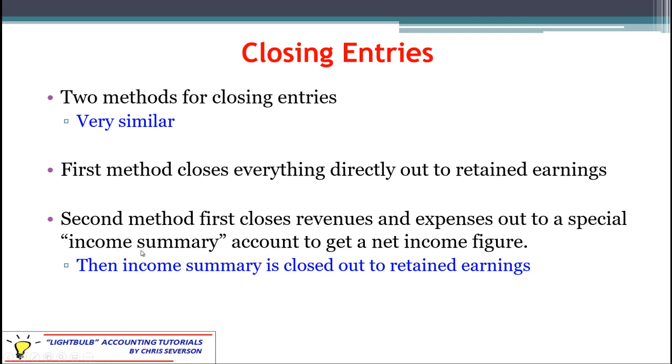The only reason to have this temporary income summary account is to get kind of a check figure to match up against your net income from your income statement. That's the only purpose for it. And, again, is it really all that valuable? Maybe not. You already know what your income is. You already have it on your income statement. So maybe it's not that important. But there are two methods. So when you're doing these problems, be careful to pay attention to what method you're using.